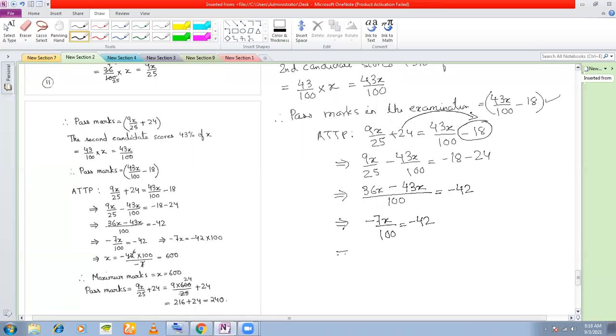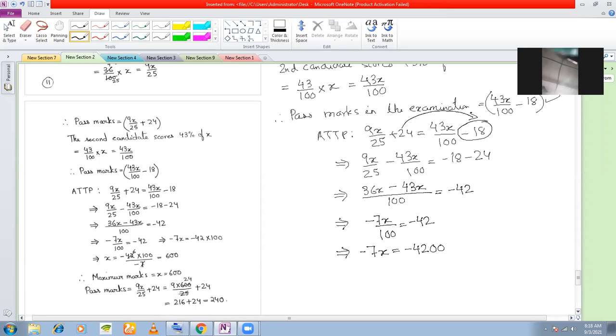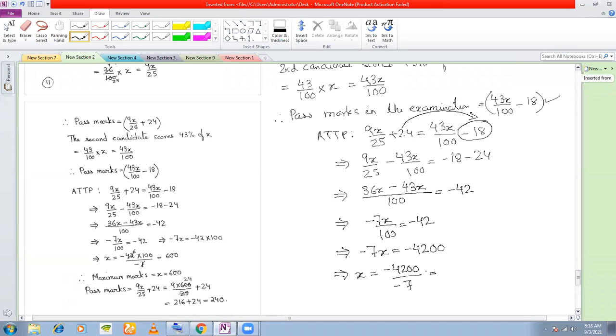Now you cross multiply. 100 into 42 is minus 4200. That means x will be equal to minus 4200 divided by minus 7. So from here, this minus sign will cancel, and 7 will cancel 6 times with 42, give you 600.